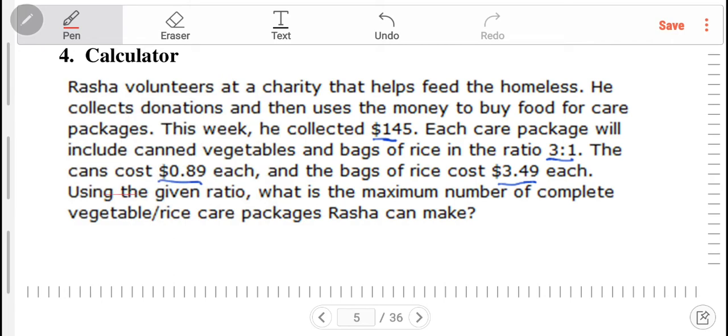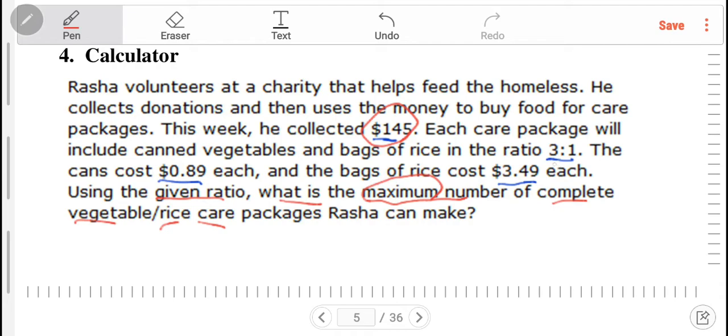And now he wants to use the ratio to determine the maximum number of complete vegetable rice care packages. To reach a maximum of $145, he has $145 and he wanted the maximum.